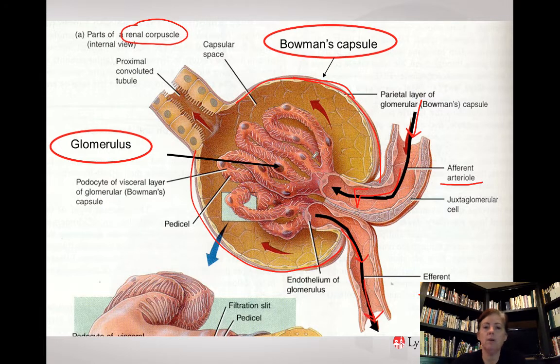Because this capillary, number one, is fenestrated and has holes in it, and number two, is under higher pressure than a typical capillary bed, we have the process of filtration, which pushes fluid from the capillary into Bowman's capsule. It basically gets collected, and then it starts to travel through the renal tubule.